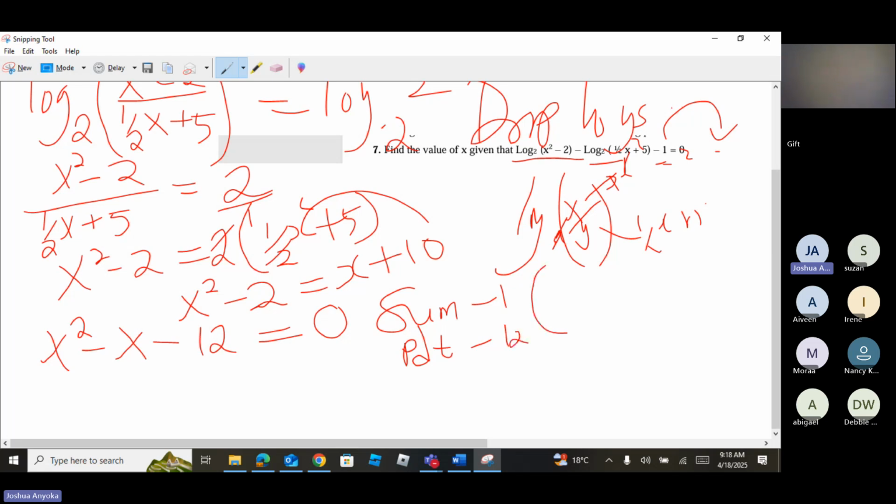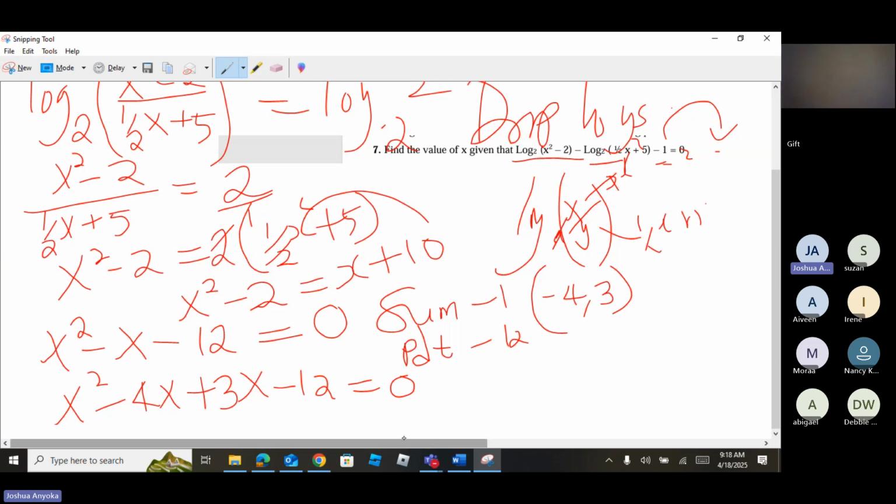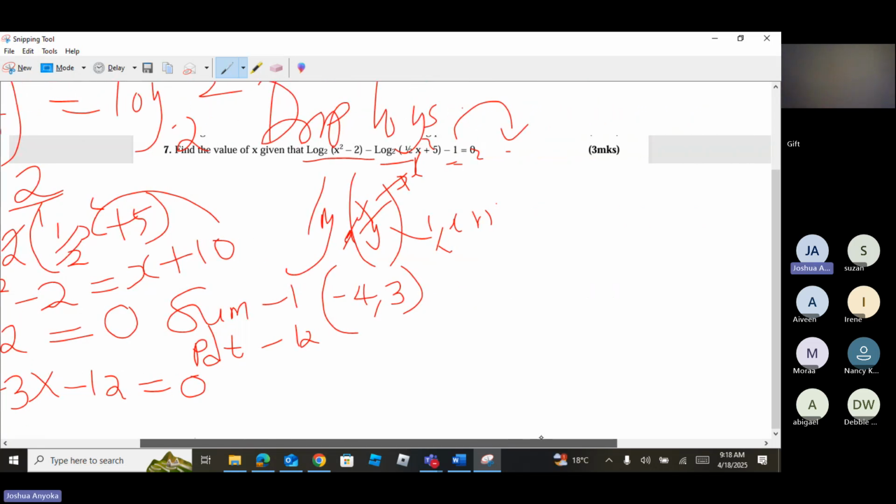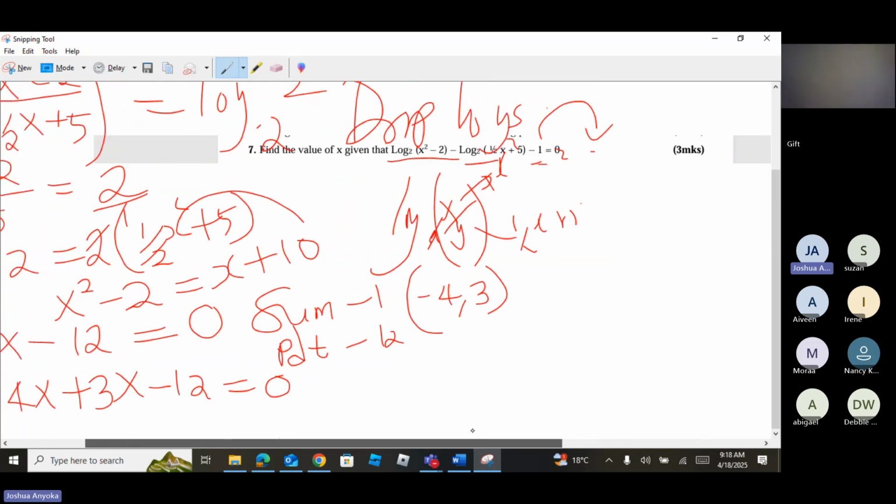Two numbers: -4 and 3. So we have x squared minus 4x plus 3x minus 12 equals 0.